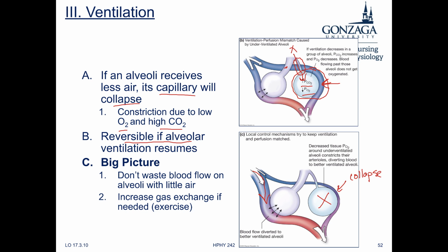So for whatever reason, that alveoli then receives air, that capillary will respond, and it'll open up a bit, blood flow will resume. Okay? So the big picture here, ventilation perfusion matching, is we don't want to waste blood flow to an alveoli that is receiving very little air. Okay? It's just a waste of resources.